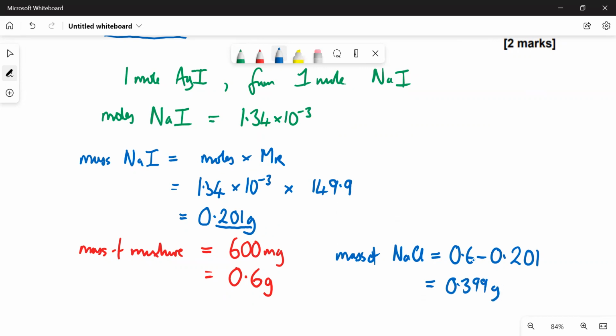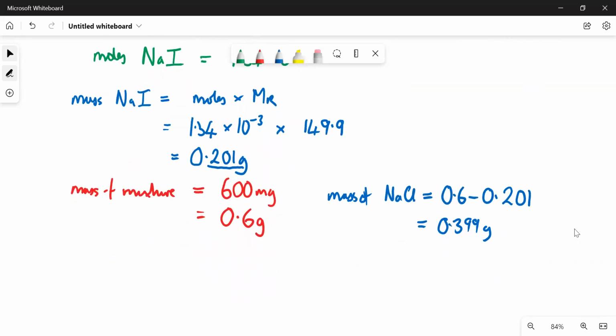So now we have to work out the percentage of sodium chloride there. It's going to be equal to the mass of it, 0.399, over the total mass of solid, which was 0.6 grams, times 100.